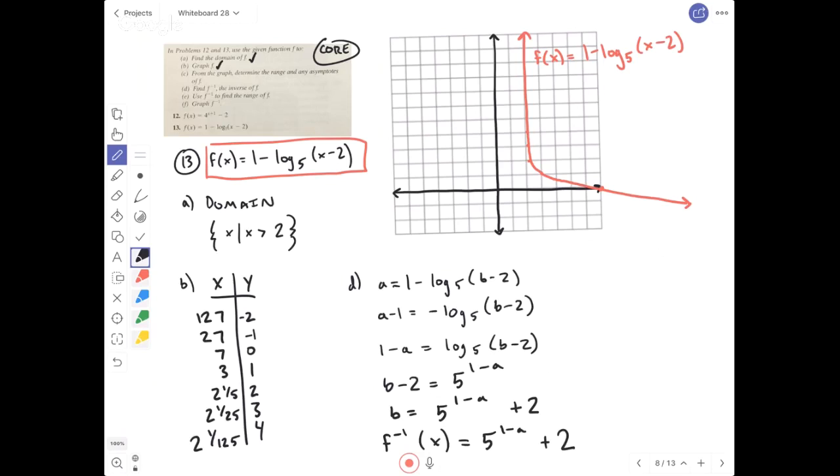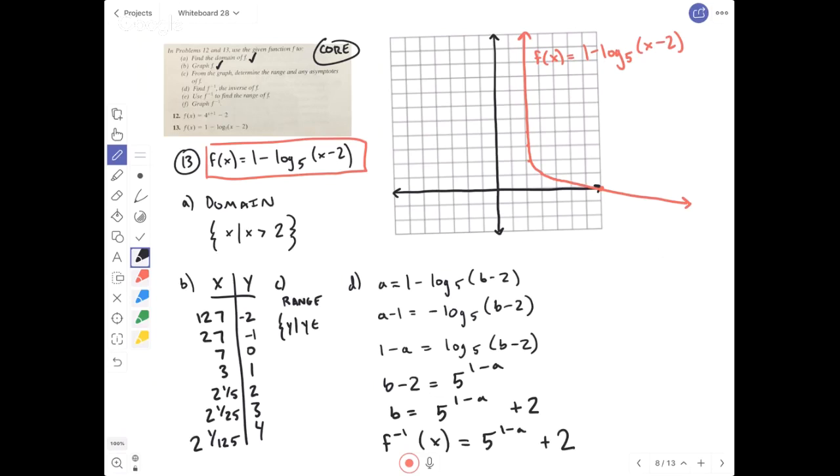Okay, so what have I done so far? Check, check. Determine the range and any asymptotes. So let's say I did A and I did B. And can I squeeze C in here? I think I can. C, the range is the set of values y such that, let's say, the range of any log function is always all real numbers.